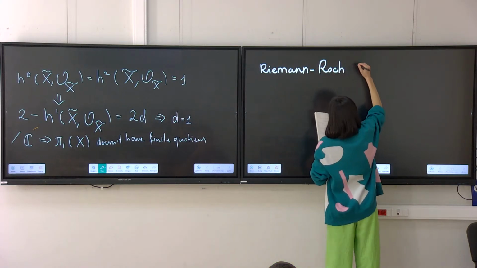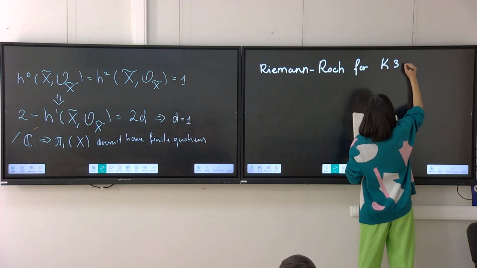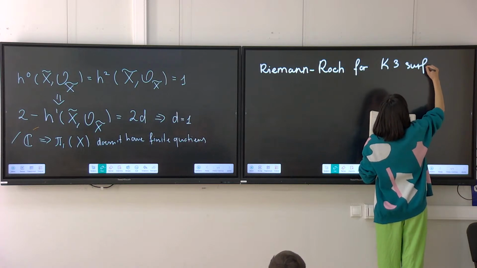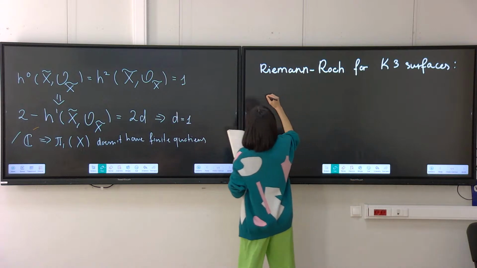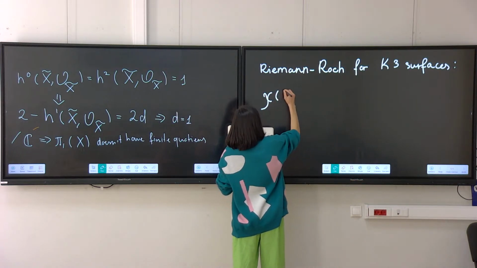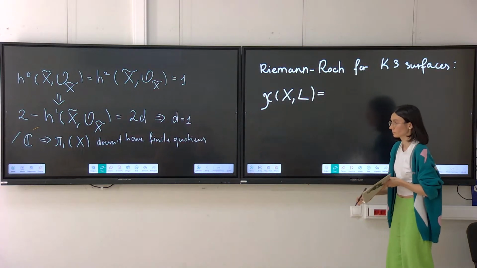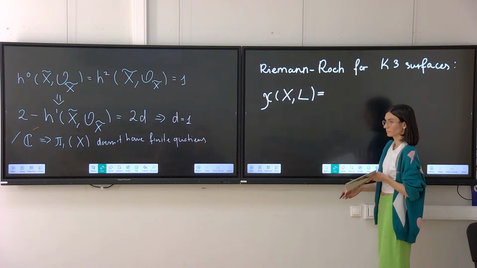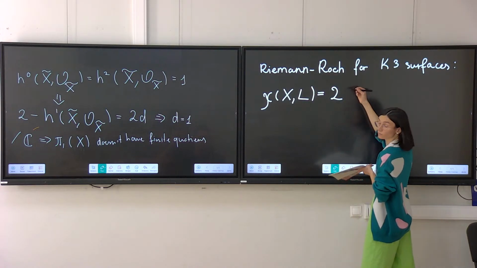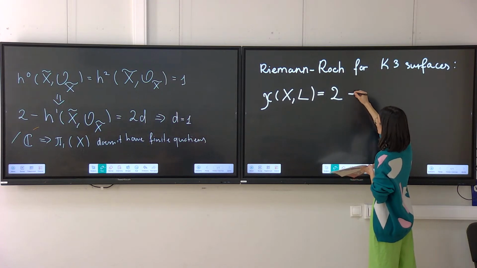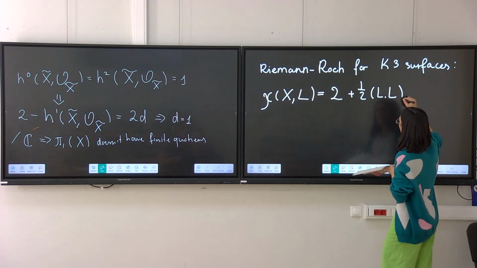Riemann-Roch for surfaces: plus L squared divided by 2.